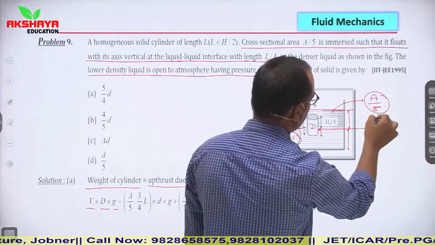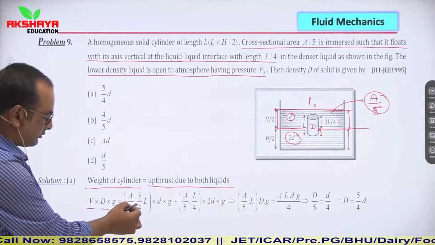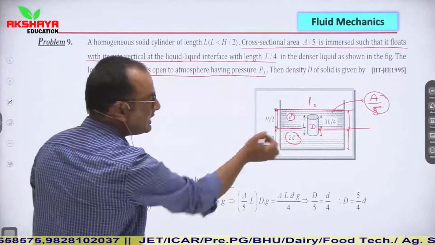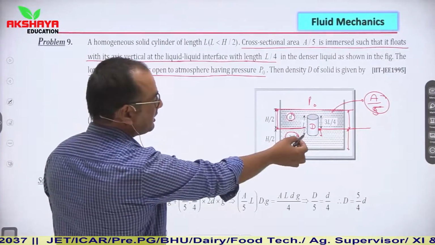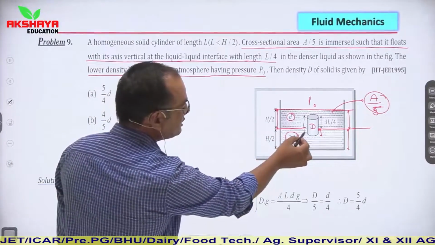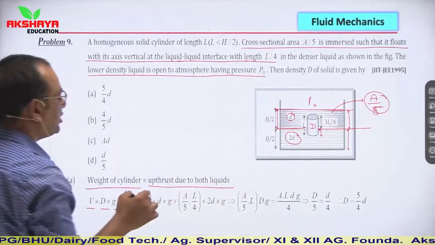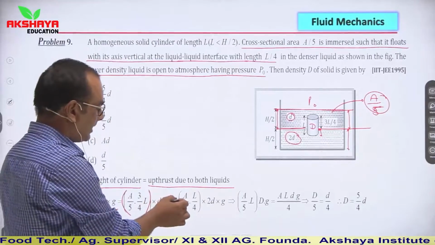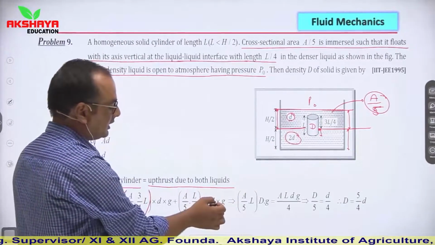So volume is A by 5 into 3L by 4, into density, which is small d, into g. Plus in the lower liquid its length is L by 4. Area of cross section is the same, A by 5. So again A by 5 into L by 4, and density is now 2d into g.